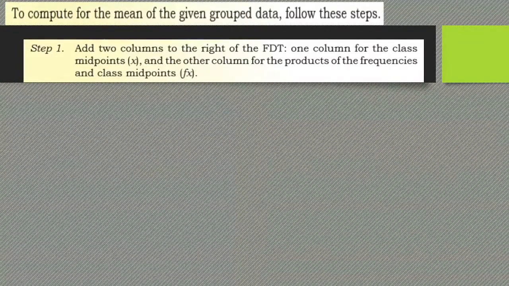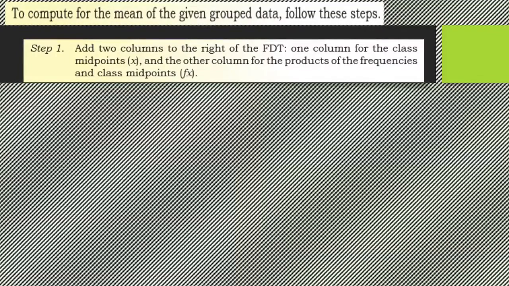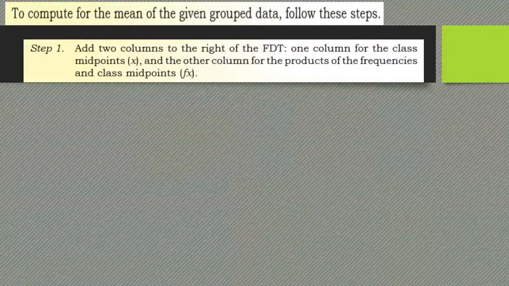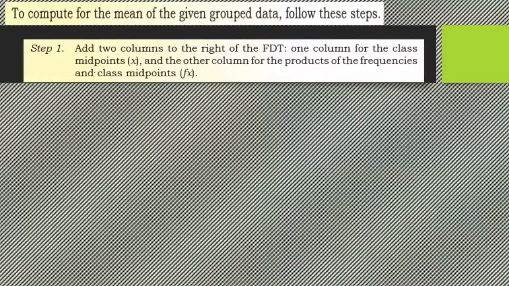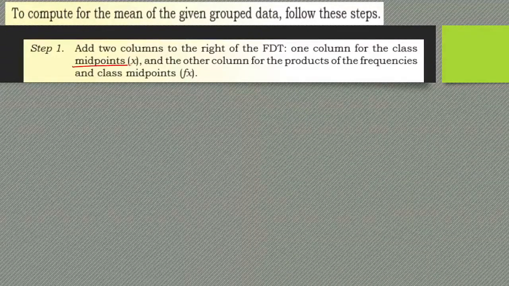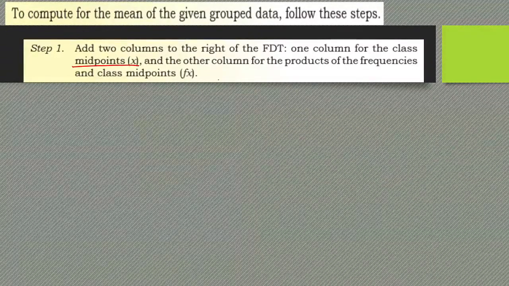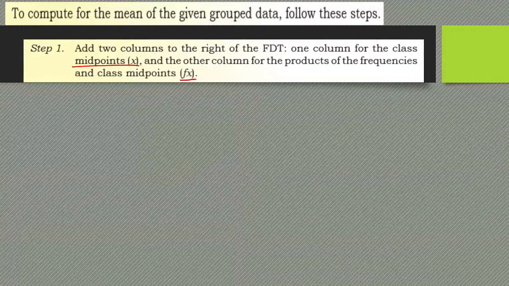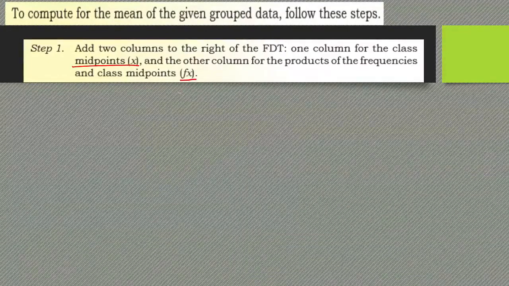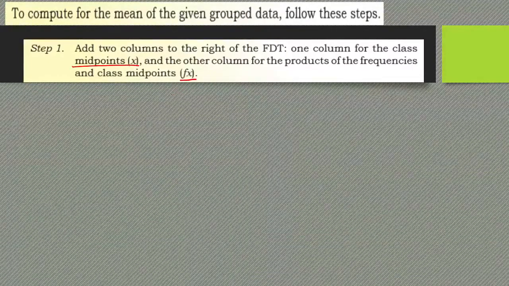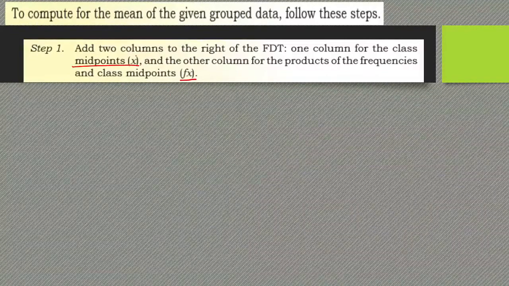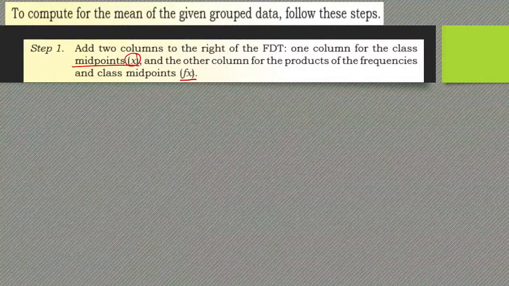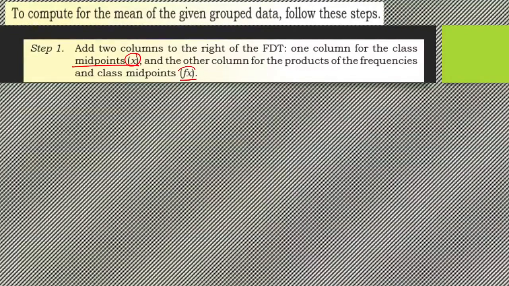So you will be adding another 2 columns, 1 column for the midpoints, and 1 column for the product of the frequency and the midpoint. Again, add 2 columns, 1 column for the midpoint, and 1 column for fx.